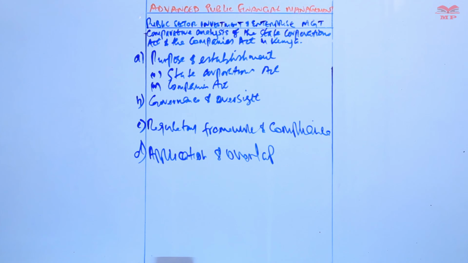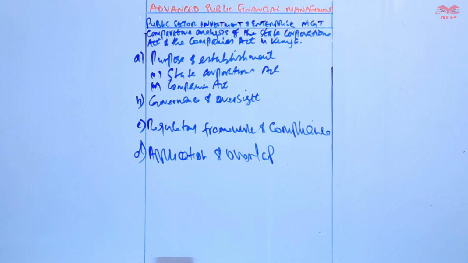And that can sometimes lead to complexities and potential conflicts, particularly regarding board appointments, management autonomy, financial regulations, and even reporting requirements. Because the governance principles and objectives of the two acts may not always be fully aligned.